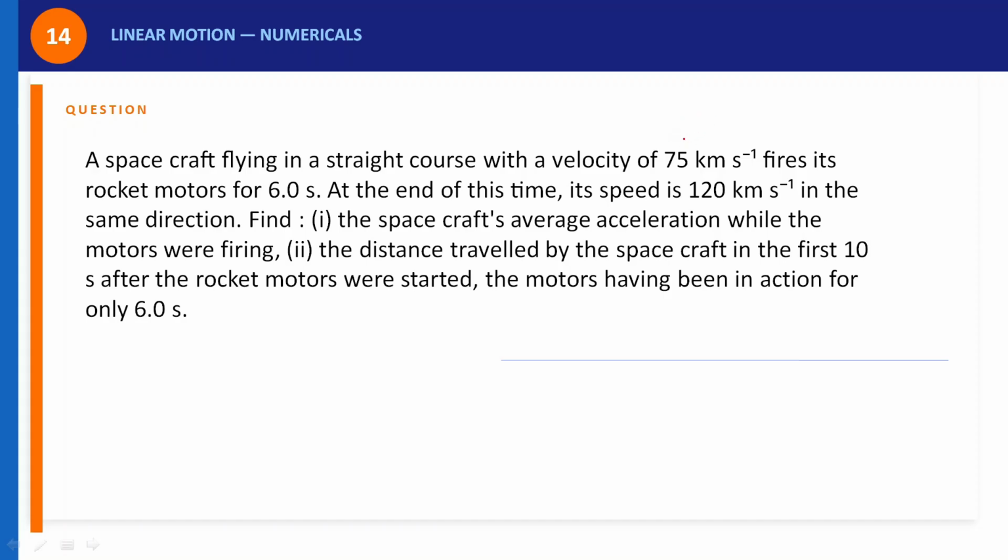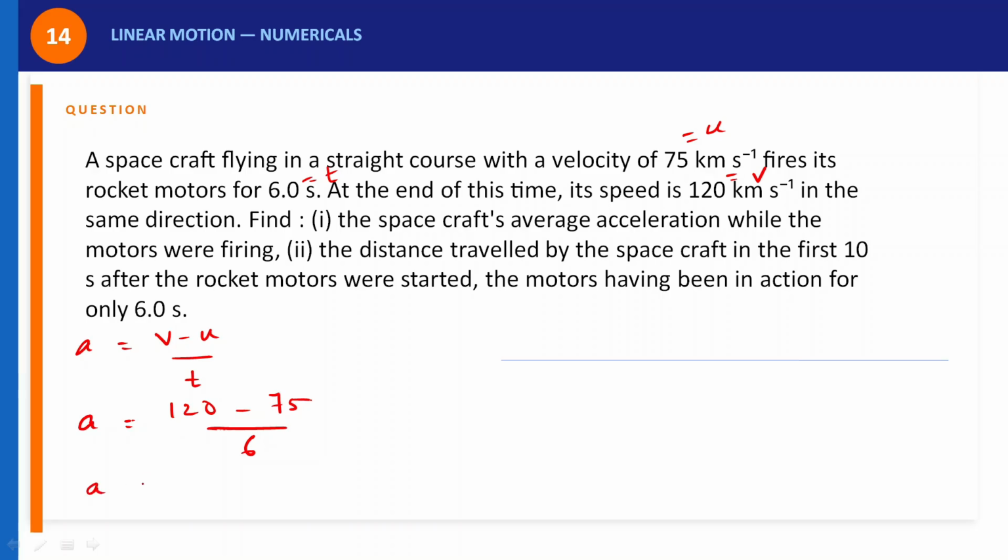Let us find what is given. This is the initial velocity 75 and the final velocity is 120 kilometer per second, and time is 6 seconds. Acceleration we will find. So acceleration equal to (v minus u) by t. a equal to, v is 120, u is 75, time is 6 seconds.